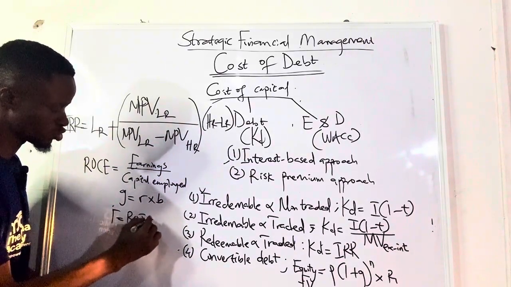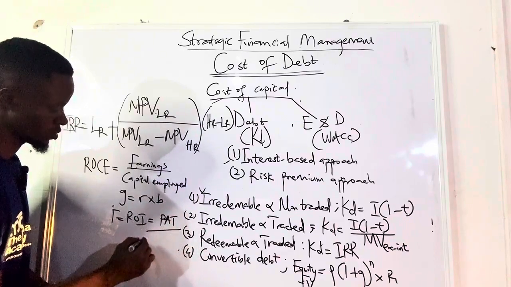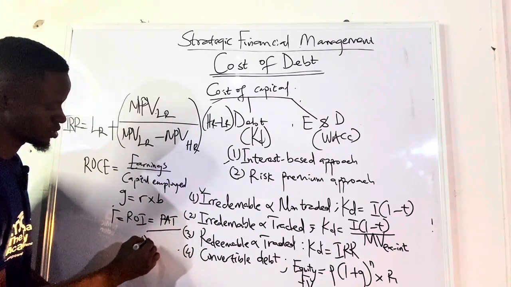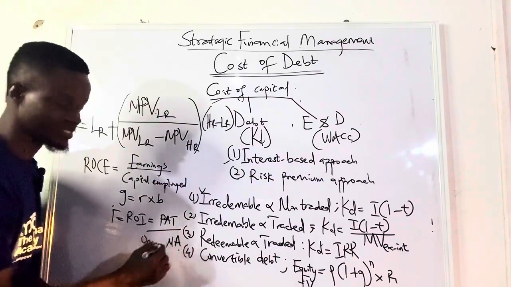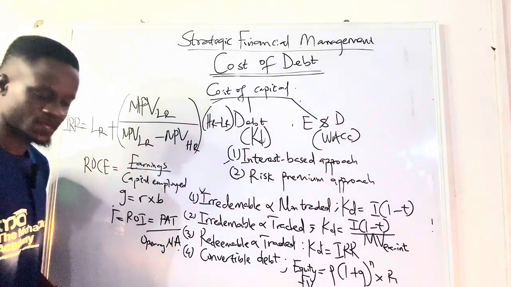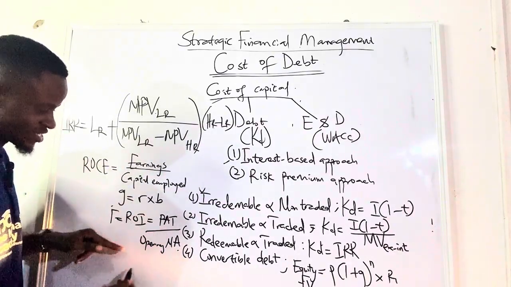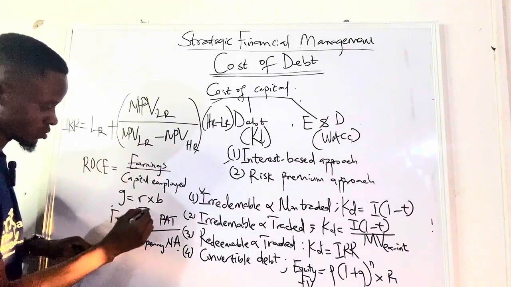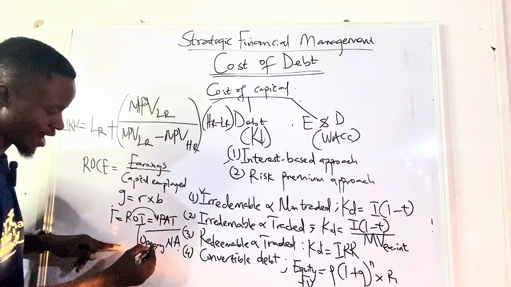That is return. And what's return on investment? PAT over opening net assets. Can you remember? Exactly. So this return is on the investment, which is an outflow.